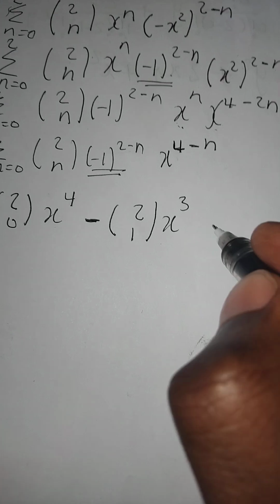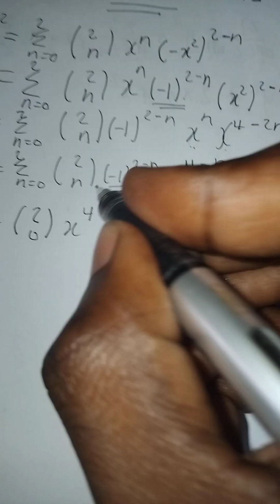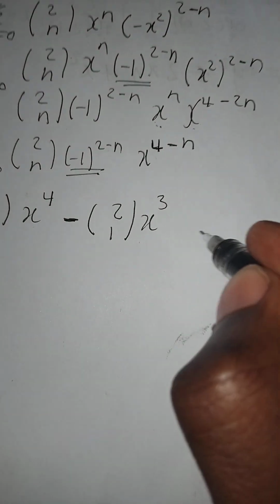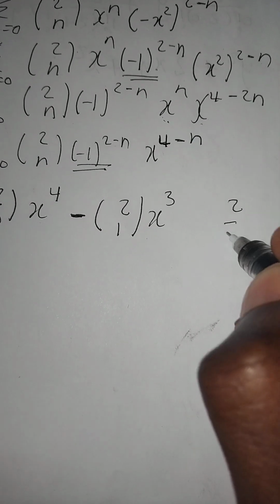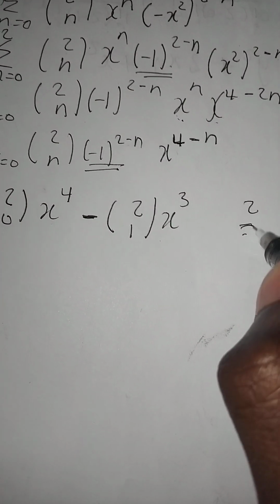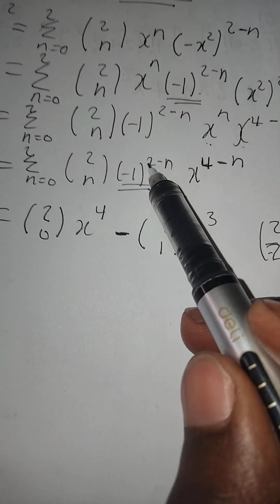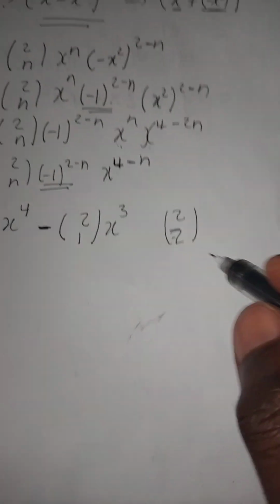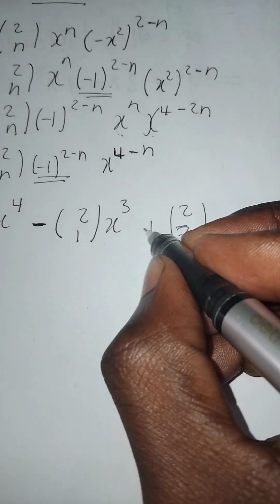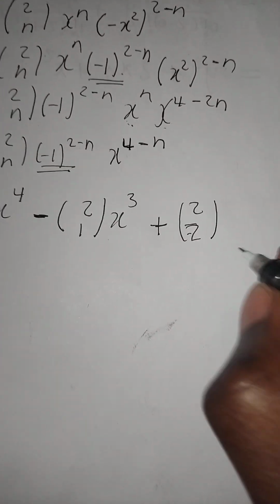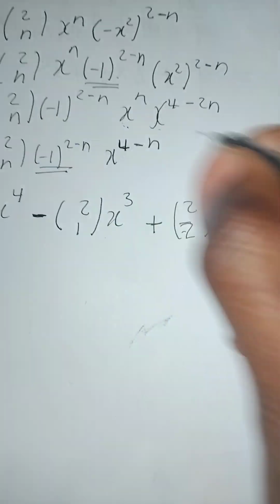Then the other thing is when n is 2. So if n is 2, we have 2 combination 2. I plug 2 there, then it's going to be minus 1 to the power 0, which will give us something that is positive. Then x to the power 4 minus 2, that is x squared, just like that.